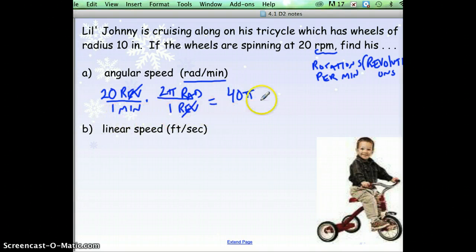On the bottom, 1 times 1 is just 1. So 40 pi radians per minute would be the angular speed. If you want to write that as a decimal, it would be 125.664 radians per minute. You've got to always have your units on there.